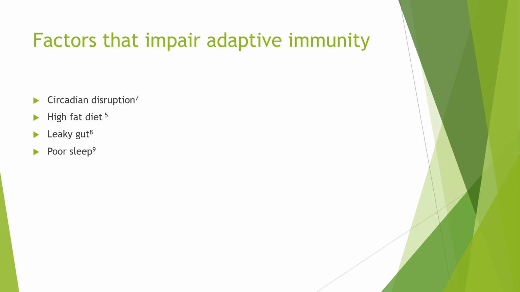They include circadian disruption, a high-fat diet, leaky gut, poor sleep, being sedentary, which is actually a big one we're going to come back to, smoking, stress, alcohol, and high viral load. We'll get back to why we're keeping the high viral load in the acute section.